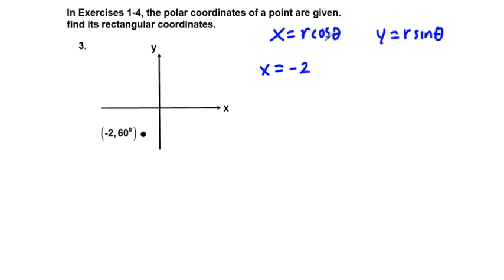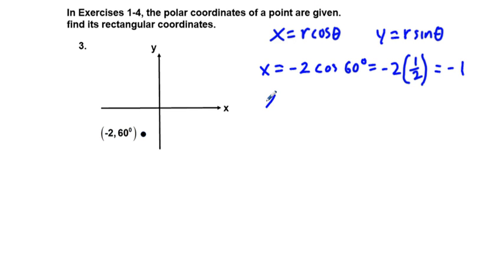I happen to know that the cosine of 60 degrees is 1/2, so we have negative 2 times 1/2. The 2 over 2 cancel, and we get negative 1.